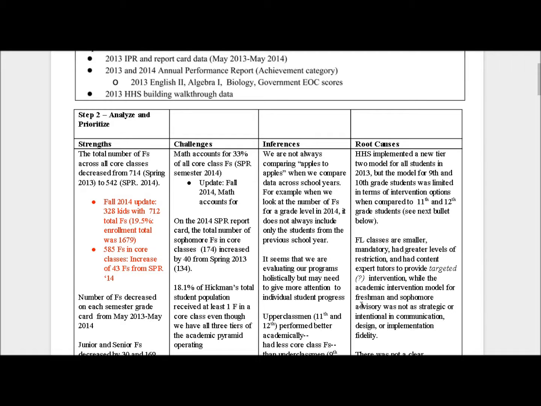One thing we said was that we're not always comparing apples to apples when we compare data across school years. For example, when we look at the number of Fs for a grade level in 2014, it doesn't always include only the students from the previous school year.